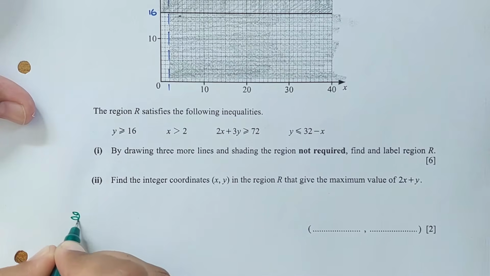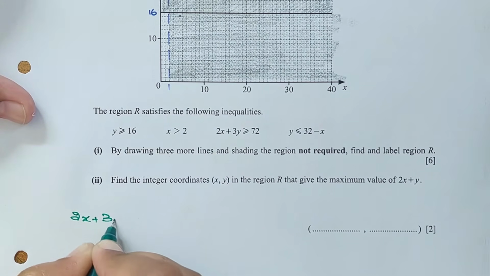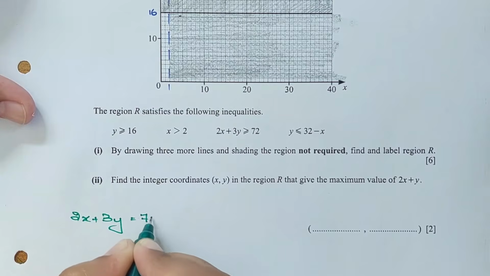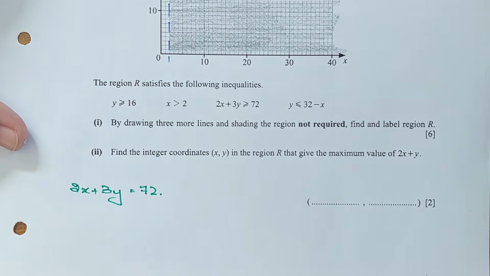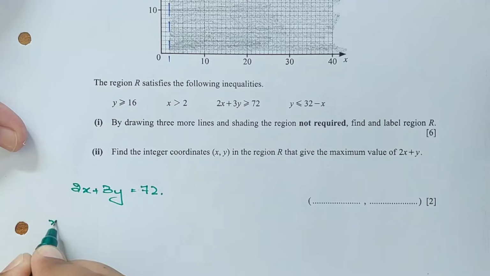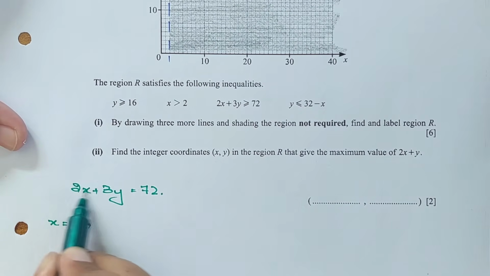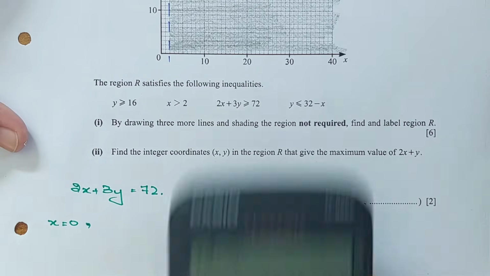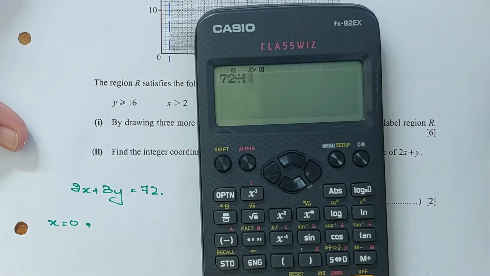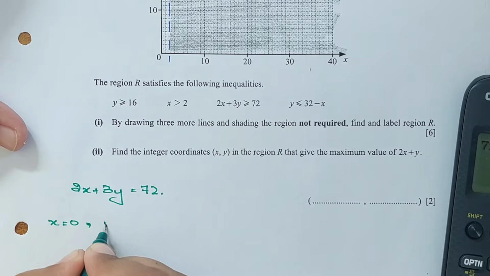All right. Okay, the next is 2x plus 3y is greater than or equal to 72. So if I say 2x plus 3y equals 72, finding the x and y intercept. When x is equal to 0, what is the y value? This term would be 0, so y is 72 by 3. 72 by 3 is 24.